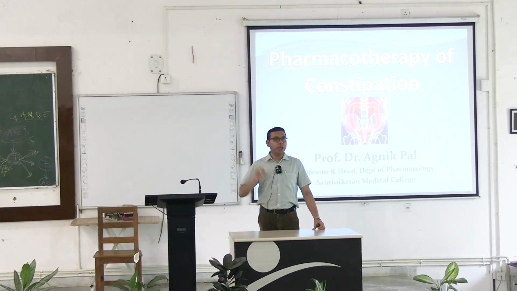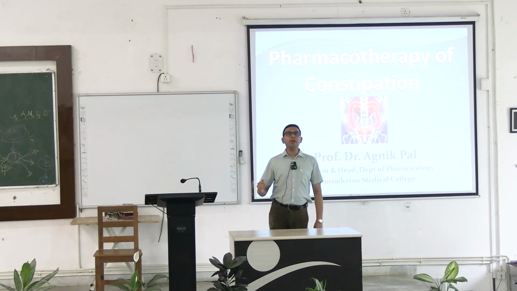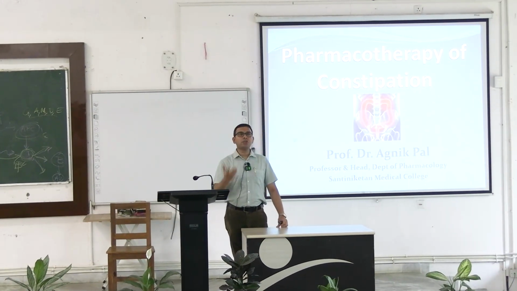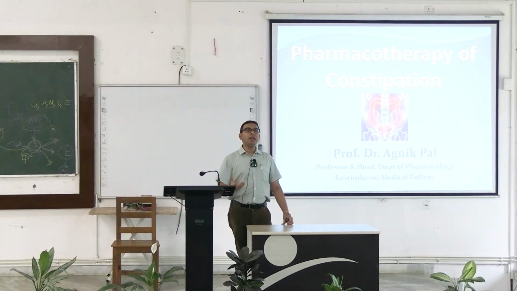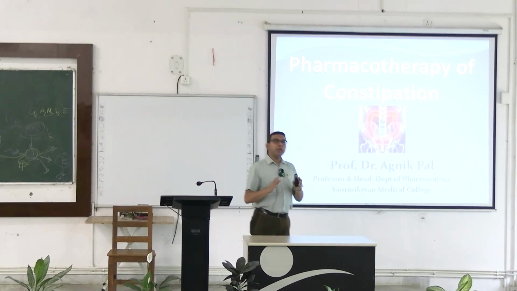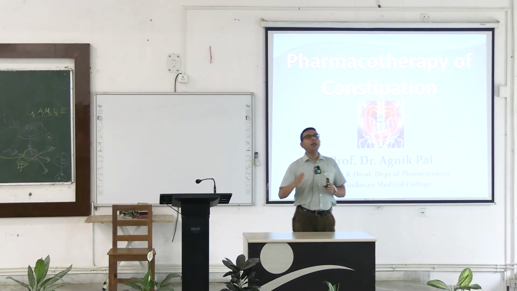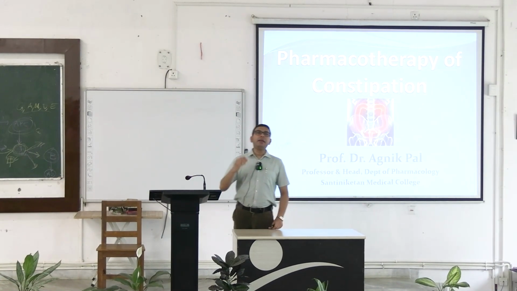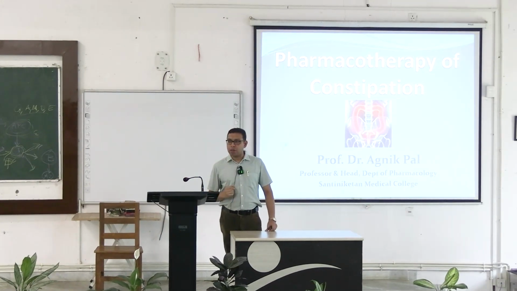than 3 per week, and associated with other symptoms like straining, hard stool or difficulty in defecation. If this is present for a long period of time, particularly approximately 3 months, then it can be categorized as constipation.